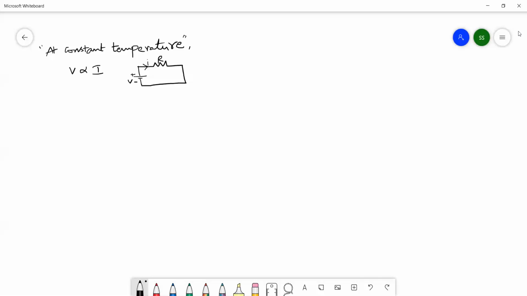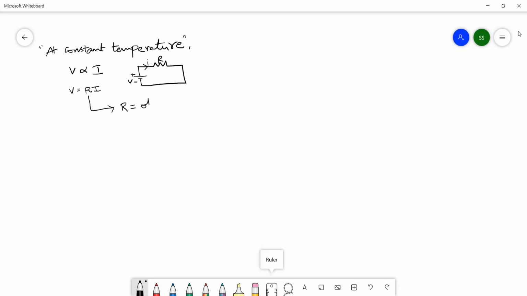To remove the proportionality, we must follow the rule in mathematics of using a constant. So the proportionality constant here I take as capital R.